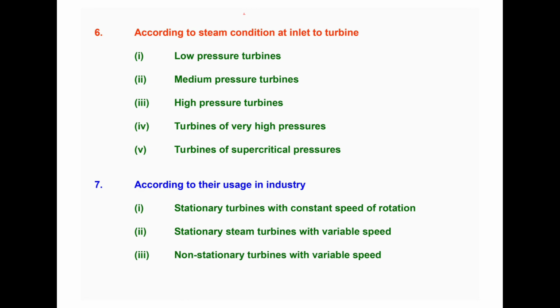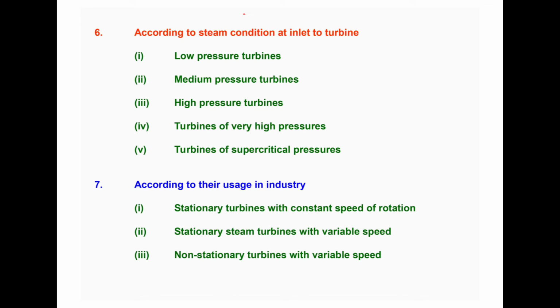And also the difference between them: for the stationary turbine, a constant speed is provided, but in the second case, the stationary steam turbine with variable speed, they provide different speeds according to the steam pressure and velocity condition, so that they are able to run the steam turbine.